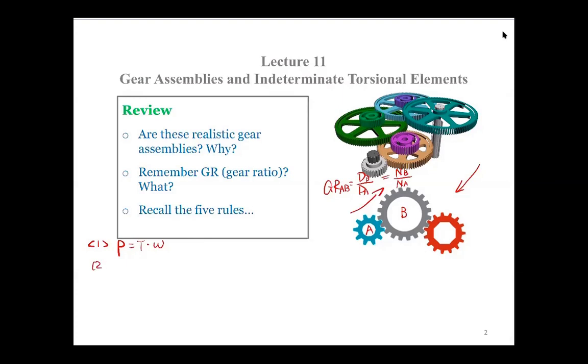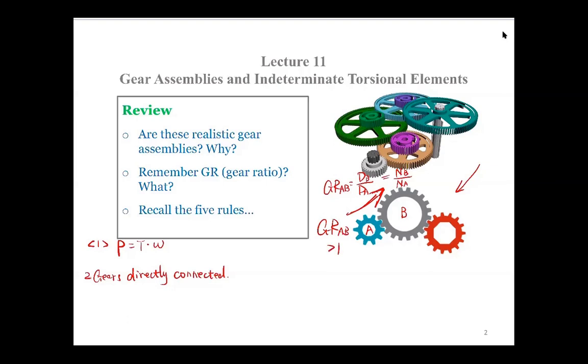Then rule number 2 and rule number 3 are just for 2 gears directly connected. For example here, we have a gear ratio AB. This gear ratio AB can be larger than 1 or smaller than 1; in this case it's larger than 1.